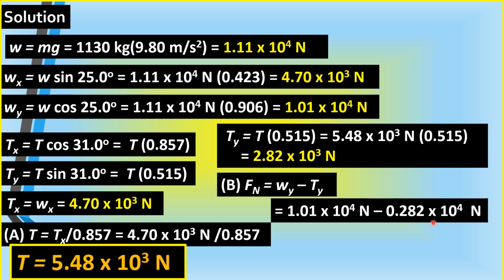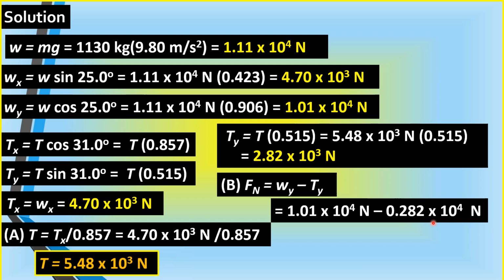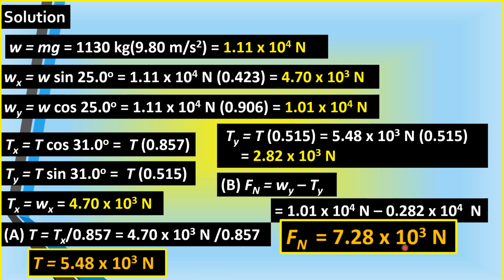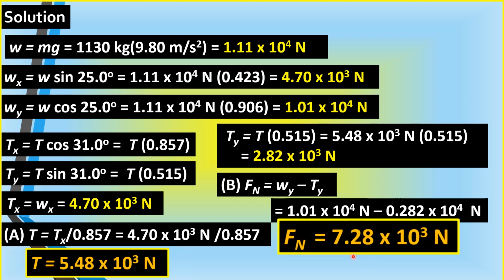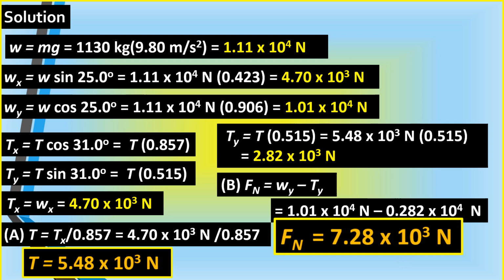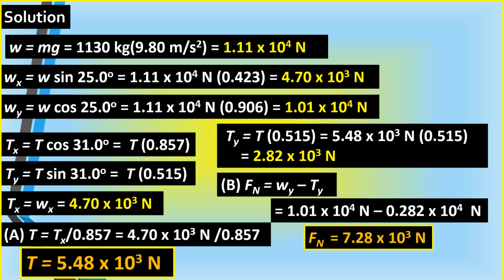All right. So, our answer for this would be F normal is equal to 7.28 times 10 to the 3rd power Newton.